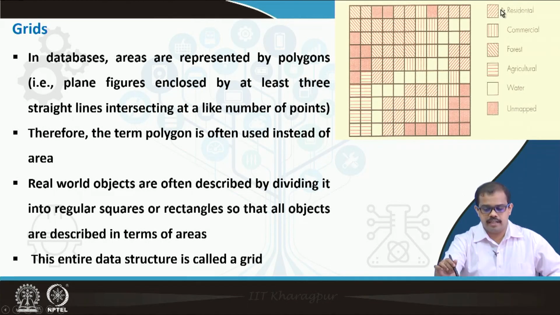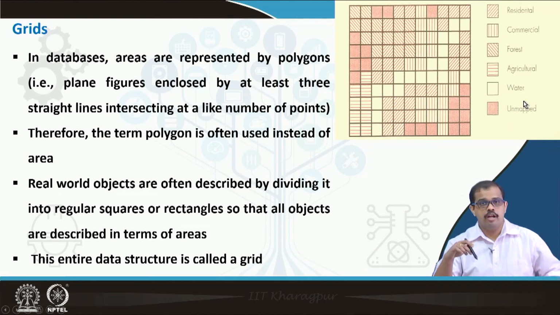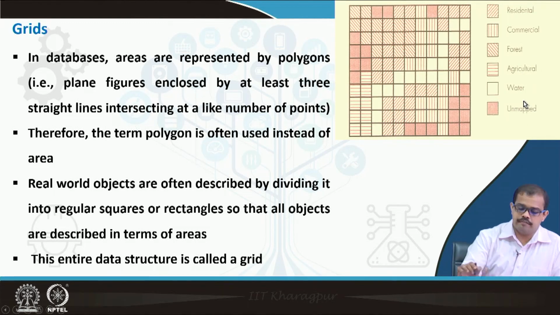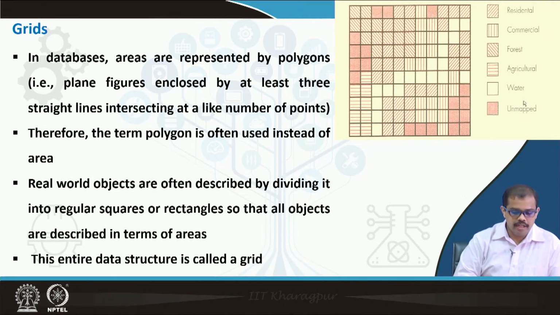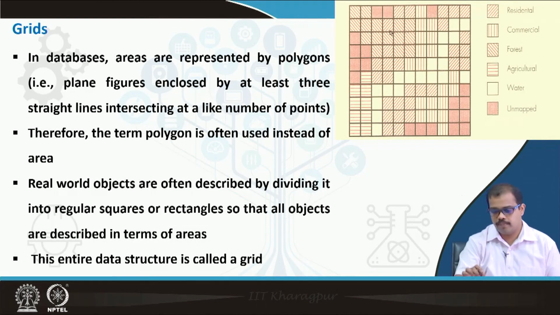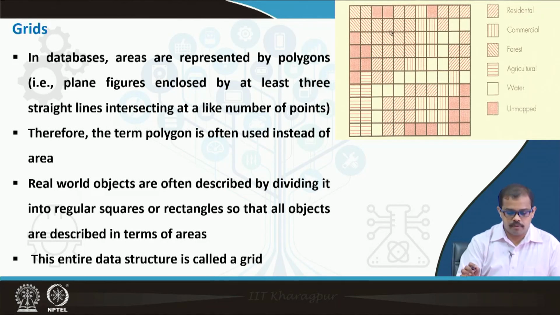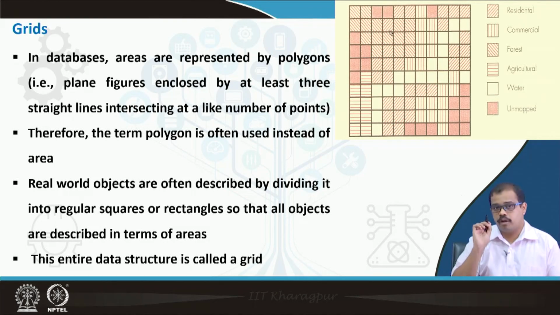If I classify it as residential, commercial, forest, agriculture, water and unmapped, what I do is define this in an equal number of grids: a number of straight lines intersecting at a number of points. So you have an equal number of square boxes, and each of these boxes represents a polygon.